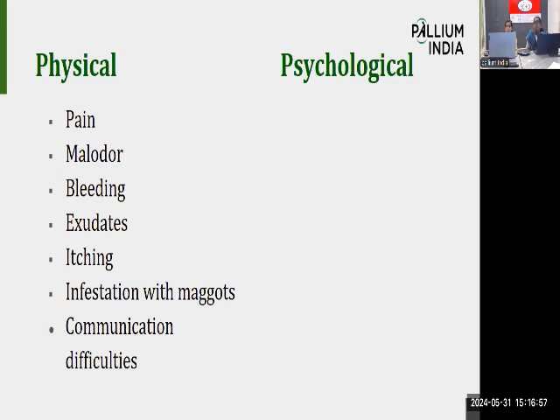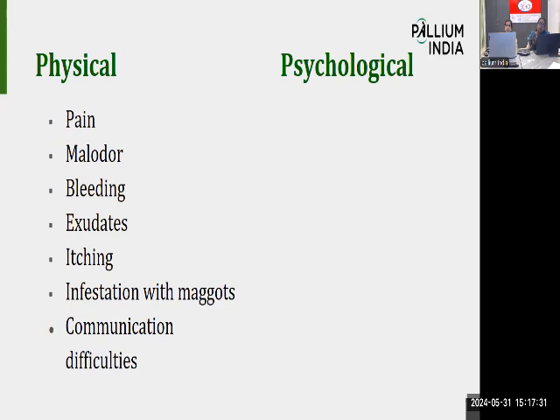The two major causes for developing malodor: one is stale exudate, where dressings have been placed for more than days because there is no proper caregiver and the patient is not able to change the dressings. So they will keep the same dressings for a number of days, and because of that the malodor can develop.